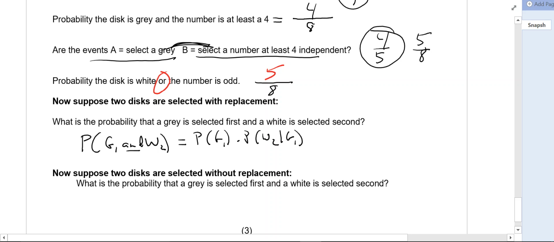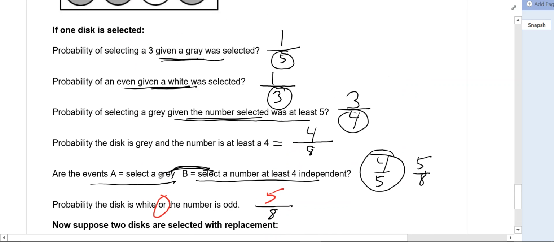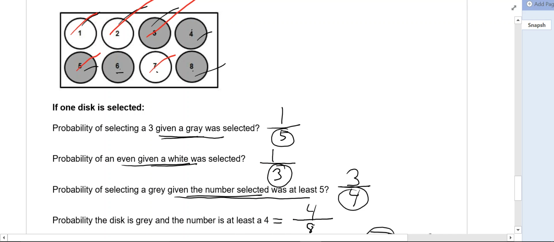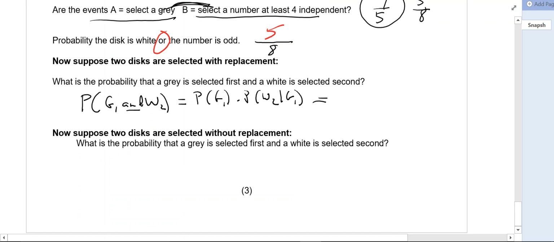Well, the probability of getting a gray first is going to be 1, 2, 3, 4, 5, 5 out of 8, right? The second one's a conditional probability. I told you I got a gray one first, but I put the disc back. So there are still 8 discs. Of those 8 discs, 3 of them are white. So 15 over 64.